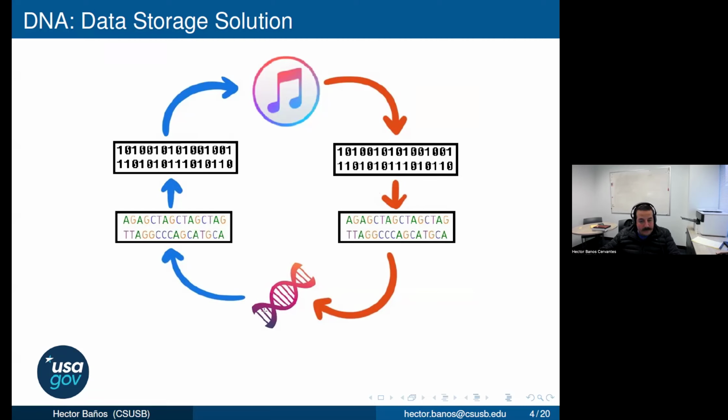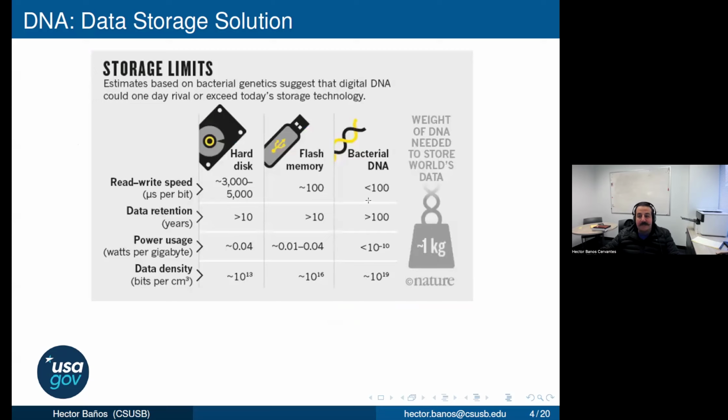And if, by a rare chance, you need to get that file, what you can do is sequence that DNA and then apply the inverse map to get your original binary sequence and recover your file. One advantage of this is that bacterial DNA takes a long time to degrade, around more or less 100 years that your data will be safely stored.